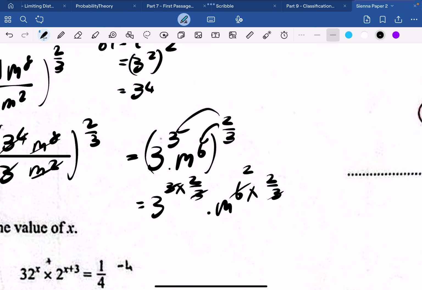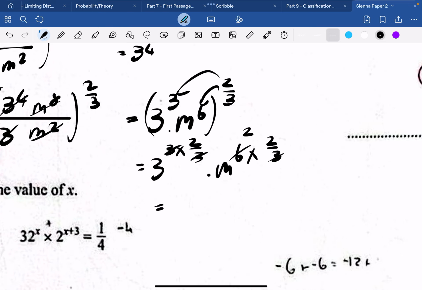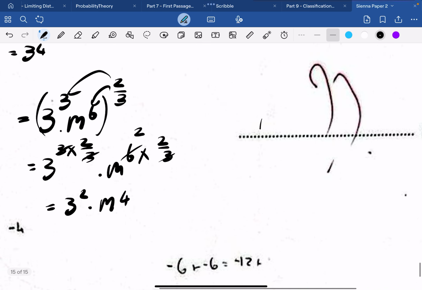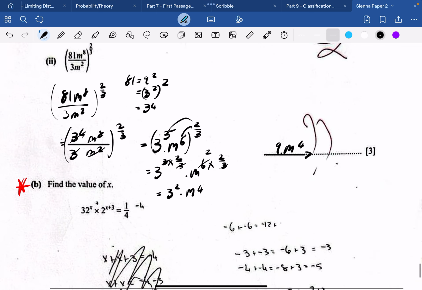Cancel, so we're left with 2 times 2. So we get 3 squared times m to the power 4, which is just equal to 9 times m to the power 4. Happy.